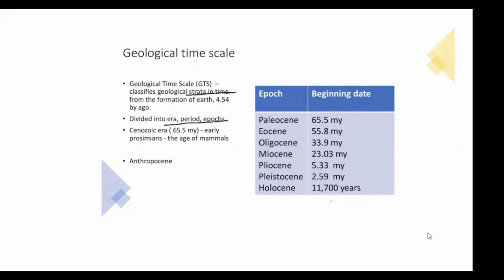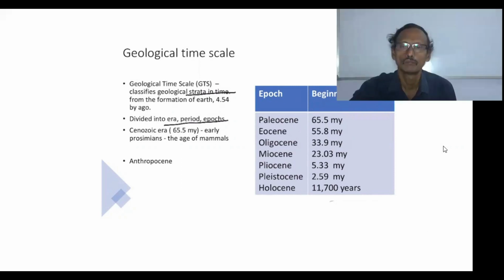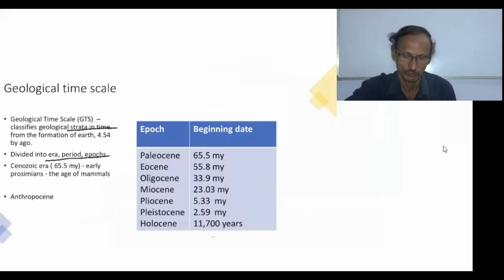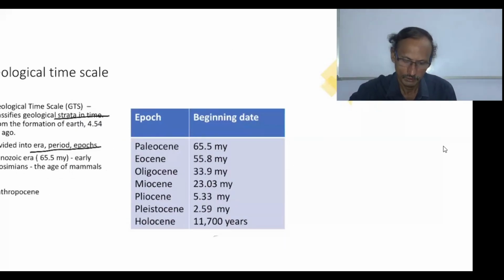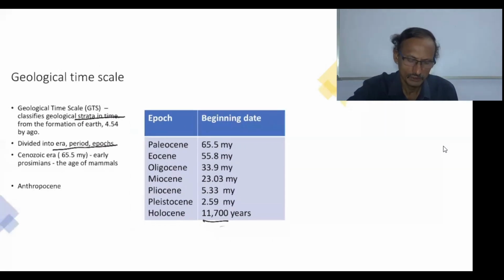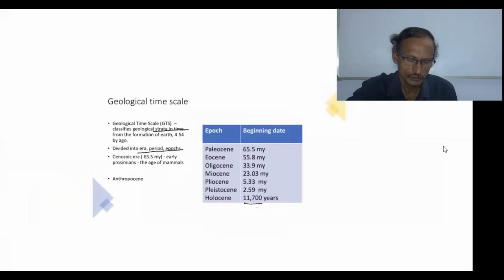The Holocene period we discussed started 11,700 years ago. And we evolved during what is called the Cenozoic era.